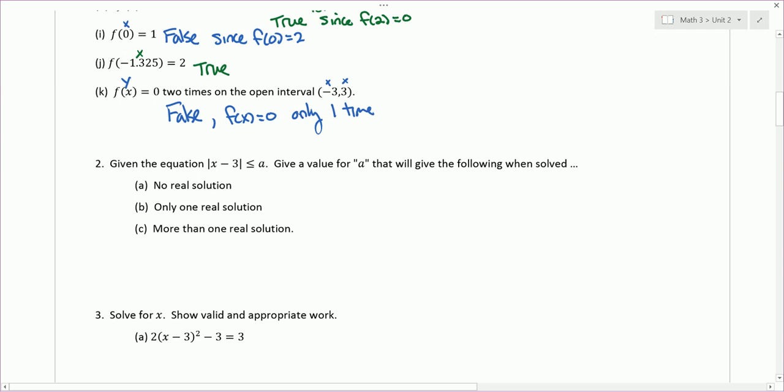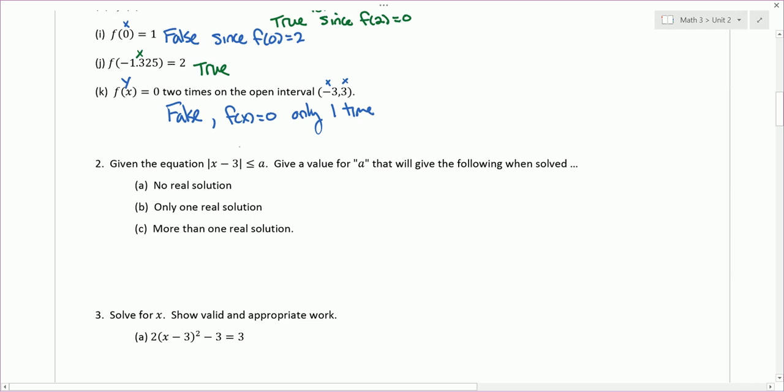One thing we know is when we take the absolute value of anything, we get a positive answer, or we can get 0. Right? The absolute value of 0 is 0, but the absolute value of any other number is going to give you a positive answer. There's no way to get a negative answer.